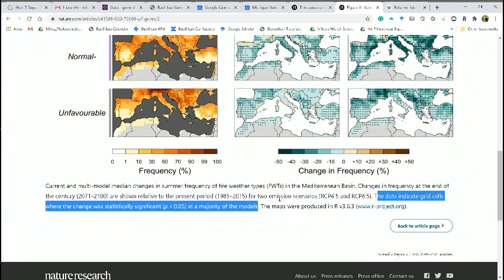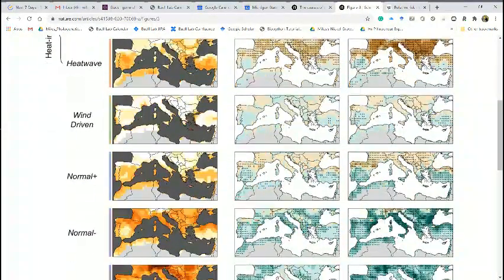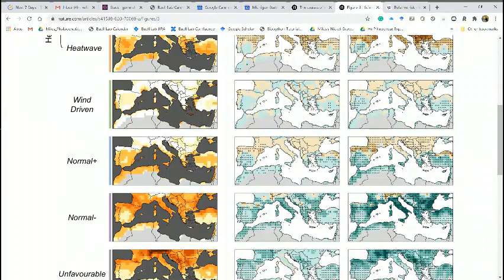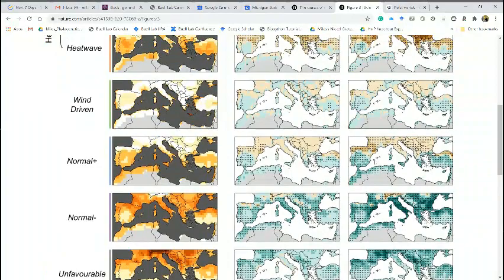Okay, the majority of models. So I see, the cells with dots show areas with detectable changes in wildfire frequency. Interesting.